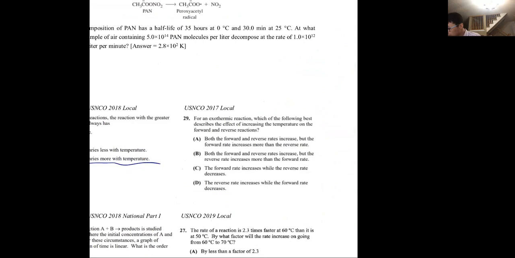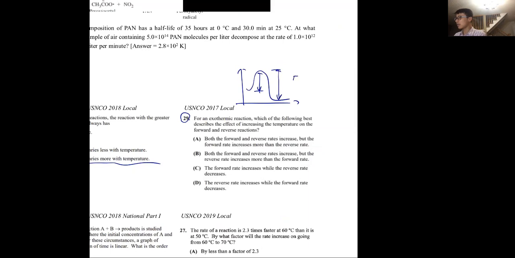Let's have a look at this. This is an exothermic reaction, which means the energy profile is like this, so the Ea of the forward reaction is smaller than the Ea of the backward reaction.